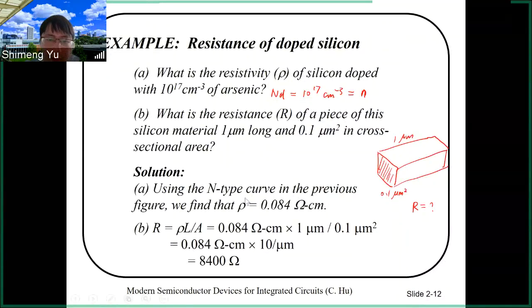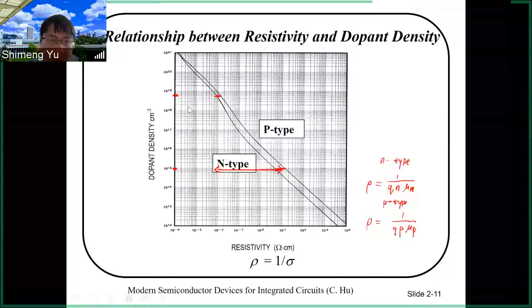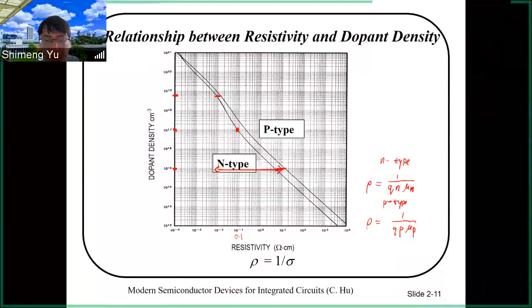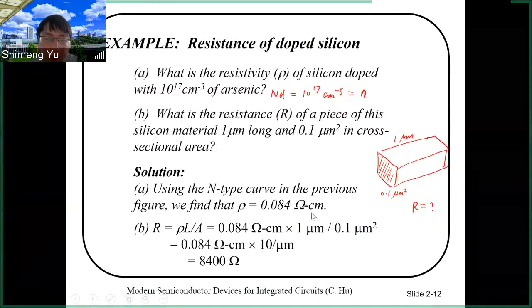Okay, so what we can do here is to find out the resistivity first. From this doping concentration, the resistivity can be found by this graph directly. So it's 10 to the power 17, and it's n-type, so it's here. This is a little bit smaller than 0.1, and if we read accurately, it's 0.084 ohm times centimeter.